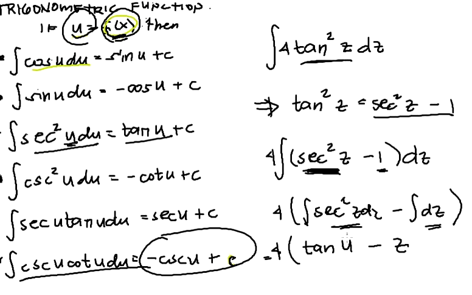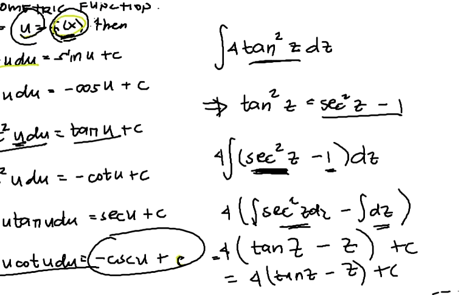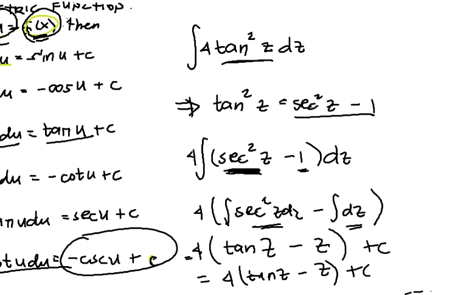Then plus c. So finally we have 4 tangent z minus z plus c as our final answer. This is now our final answer.